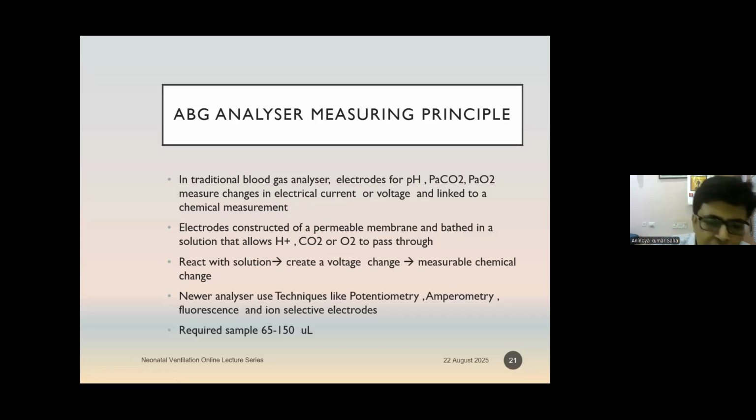Some newer analyzers use techniques like potentiometry, fluorescence, and ion selective electrodes. We require a very minimal sample, like 65 to 150 microliters, equivalent to 0.06 ml to 0.1 ml of blood, obviously arterial blood.